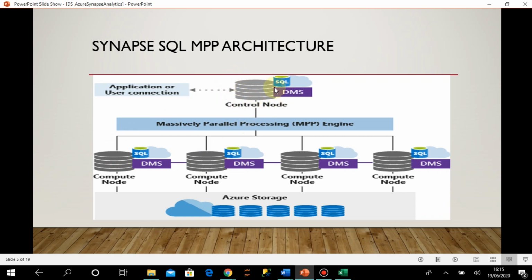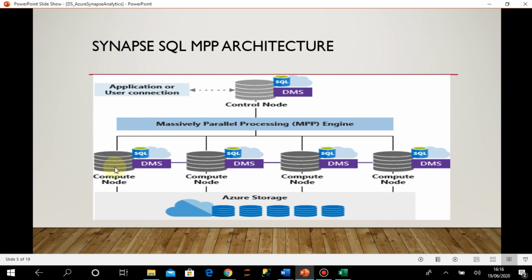There is one control node which is actually connecting with the application, and it has this MPP engine, and through this it connects with different compute nodes, gets the work completed, and gets back the final result, and shares it again with the application or the user connection.